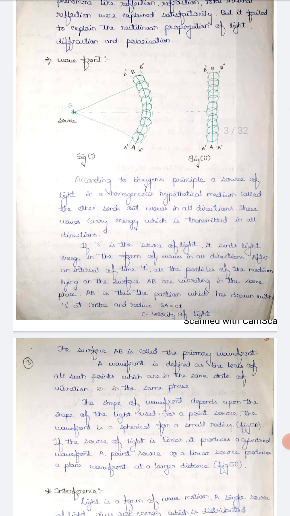Okay, the surface AB is called the primary wavefront. A wavefront is defined as the locus of all points which are in the same state of vibration, that is, in the same phase.